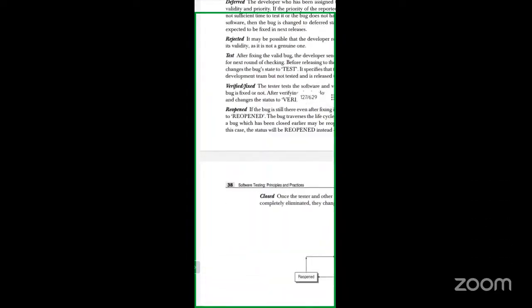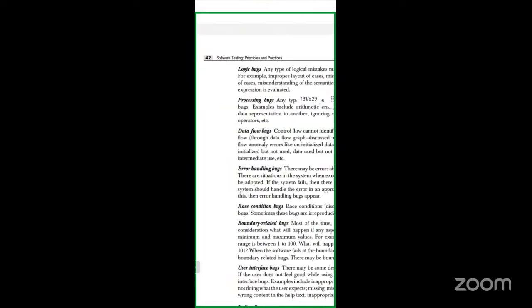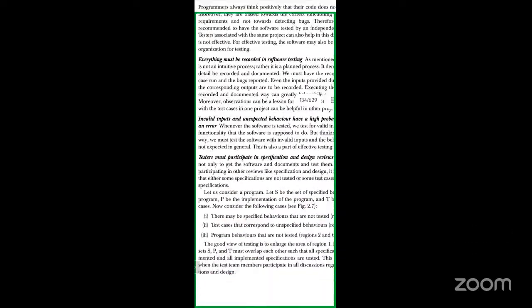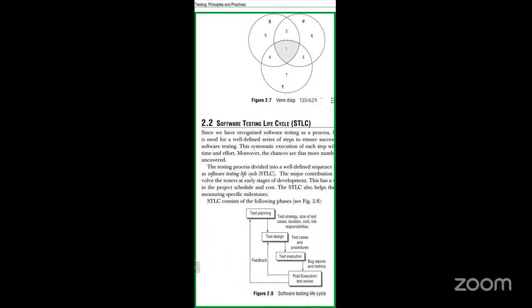So quickly moving on to the next topic, that is your second topic of this particular portion, which is called STLC. Just like our SDLC, that is software development life cycle, we are also having STLC.